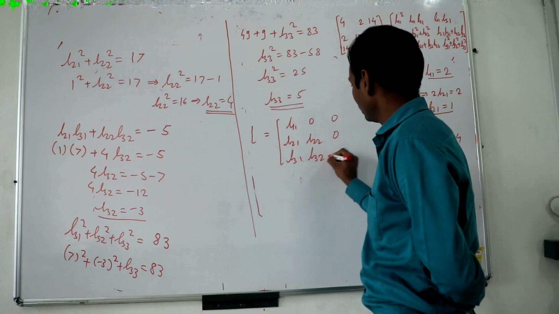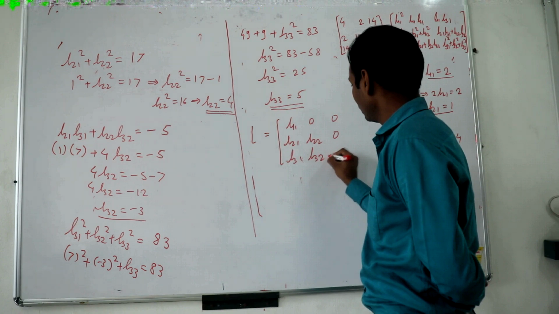So 7 into 7 is 49, minus 3 into minus 27 becomes plus 81, plus 5Z3 is equal to 155. So 5Z3 is equal to 155 minus 49 minus 81, that is 25. So Z3 divided by 5 becomes 5.